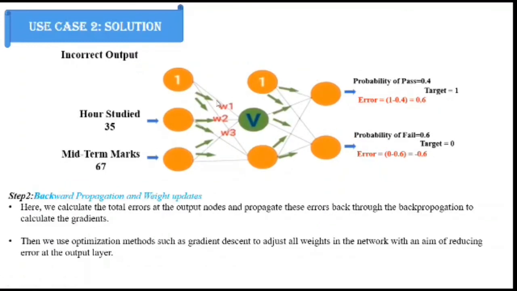Once we get the errors, we go back and update these weights using an optimization algorithm. We have to update W1, W2 and W3, and when we get the optimal weights, we'll get the optimal result, that is 1 for the first node and 0 for the second output node.